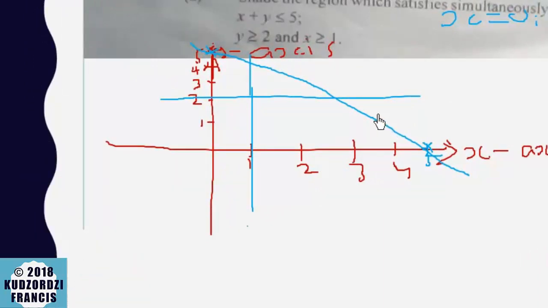So we have x plus y equal 5 now. Then we have x equal 1 rather, and y equal 2.